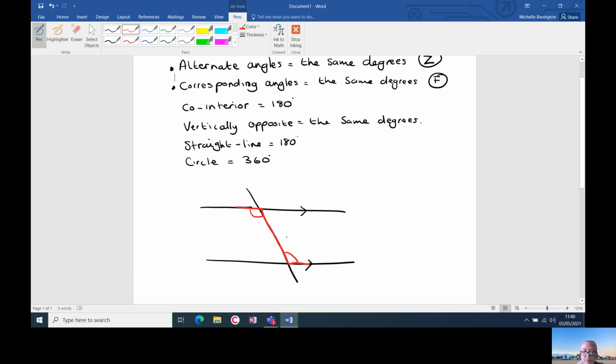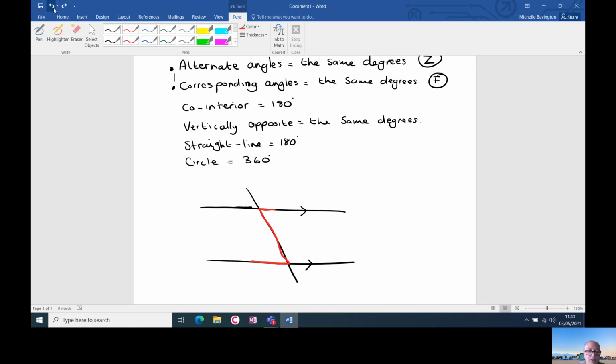It's all to do with this line. Keep an eye on your line. If I did that Z the opposite way round, go to your line and join up. These will be the same. Keep an eye on that line.